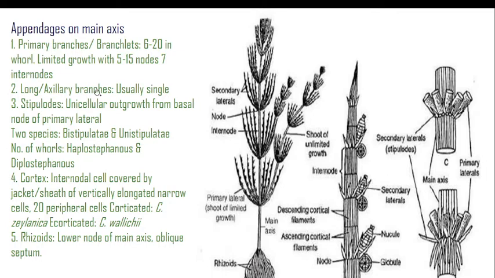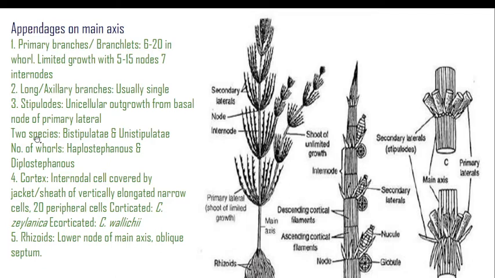Then long axillary branches, which are usually single. This also possesses stipules, which are unicellular outgrowths from the basal node of the primary lateral. So these are the stipules.